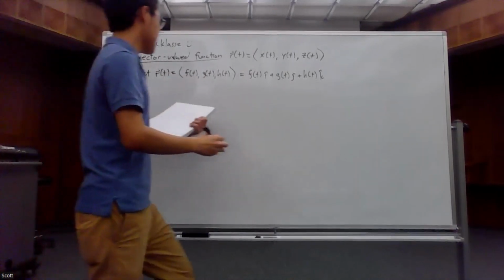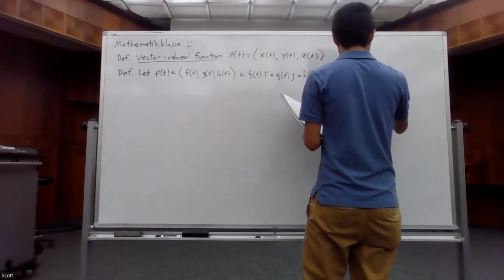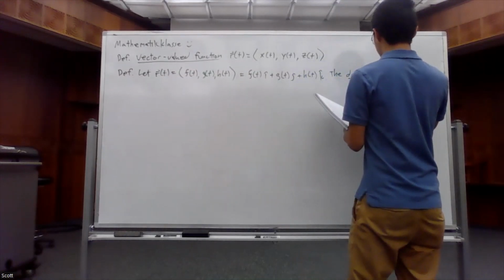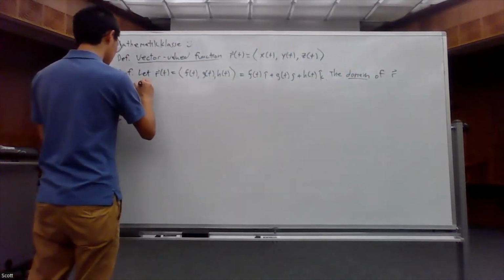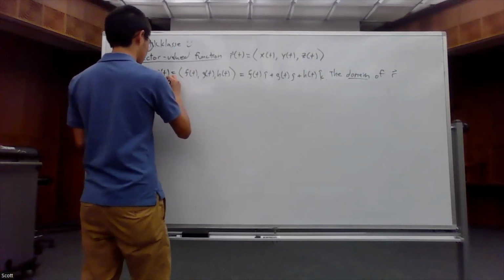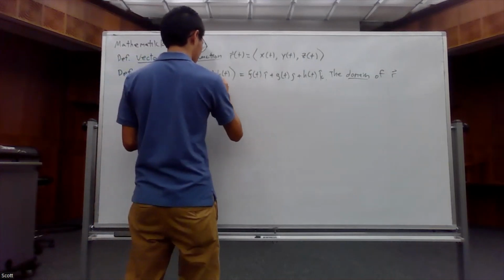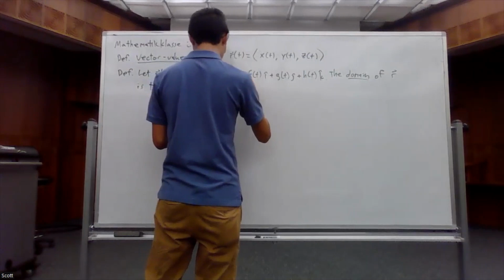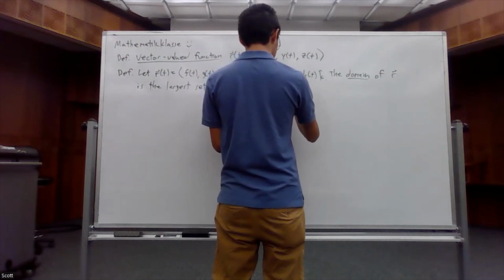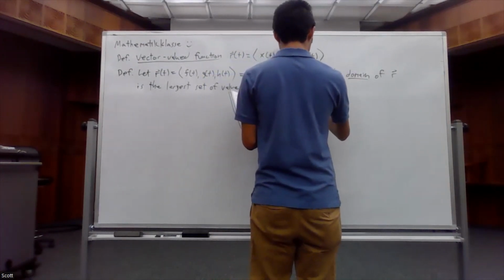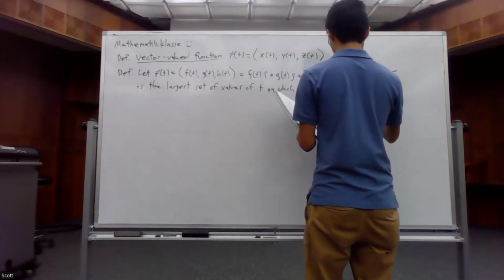And then we can define the domain. So if this is our vector value function, then the domain of R, notice that it's a vector, is the largest set of values of t, the parameter variable, on which all of f, g, and h are defined.